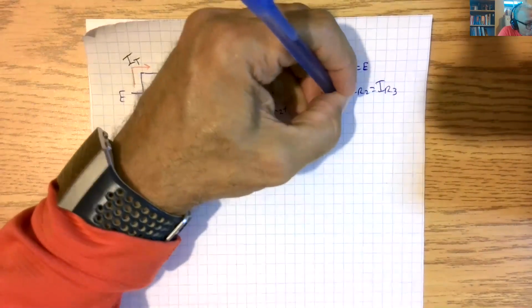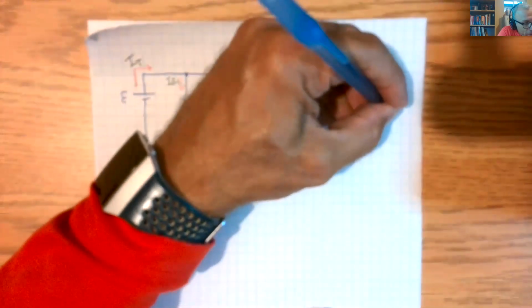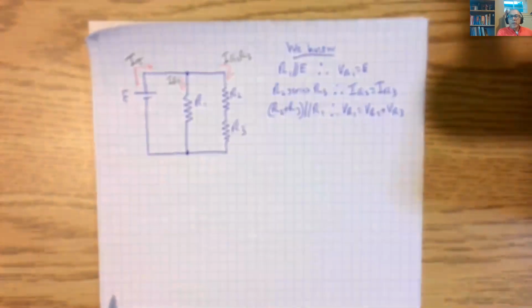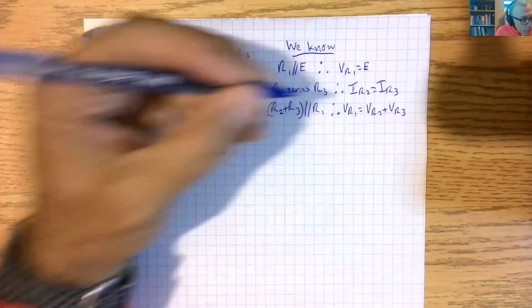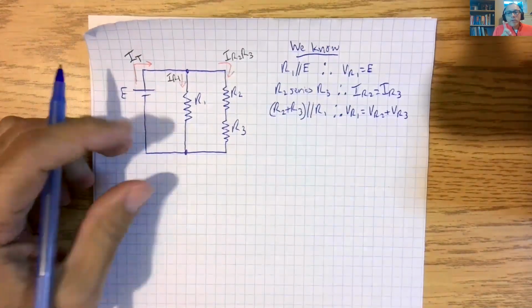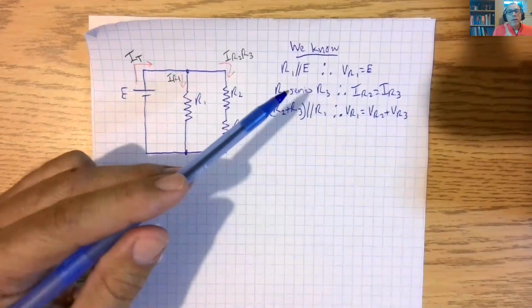So we know that VR1 is equal to VR2 plus VR3, okay? Now, if you started to smell something, and what you're smelling is a possible application of the voltage divider rule, you're right.